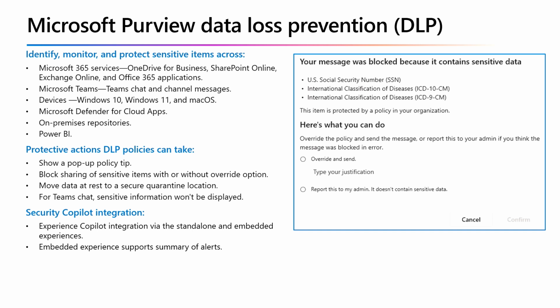These data loss prevention tools are here to help you no matter what Microsoft 365 app you are using, such as Teams or Outlook, OneDrive or SharePoint, preventing that data loss. Microsoft Purview data loss prevention supports integration with Microsoft Security Copilot through the standalone and embedded experience.